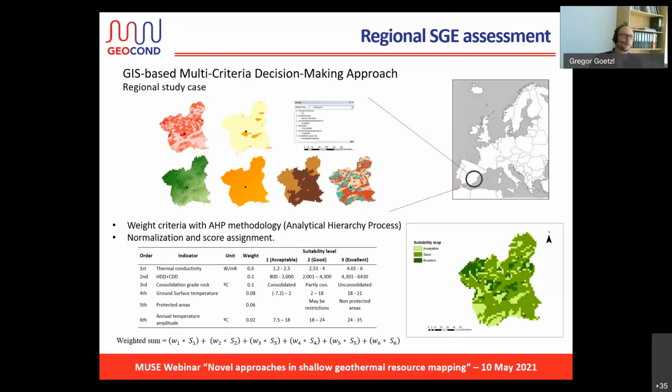Yes, the thermal conductivity values were extracted from the VDI guideline, as Burkhard also mentioned. But I'm afraid in this study they were not validated because it's at the European scale, so it was a kind of difficult task.